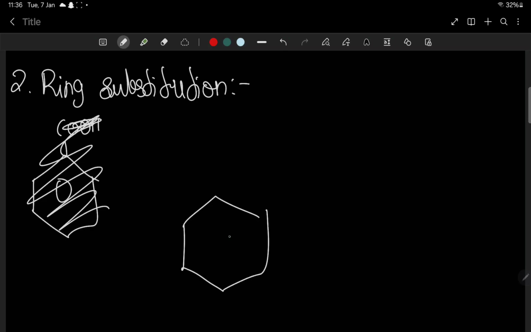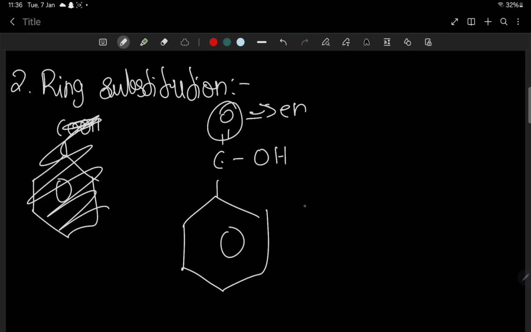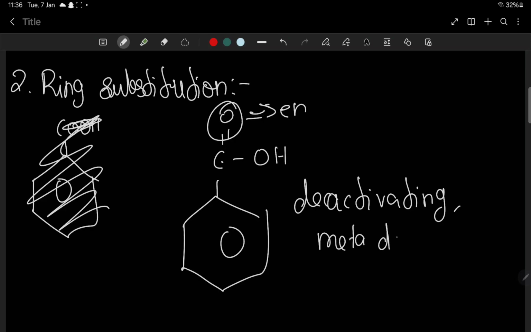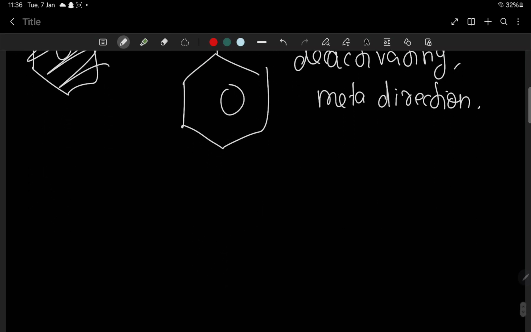I'm telling you something now. RCOOH. This compound is deactivating because carbon is attached to an electronegative group. So this is a deactivating and meta-directing group. So all the electrophilic reactions will be meta-directing.